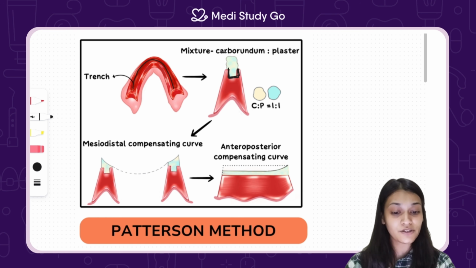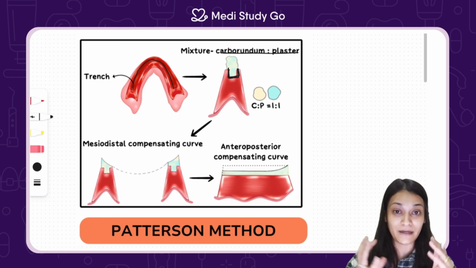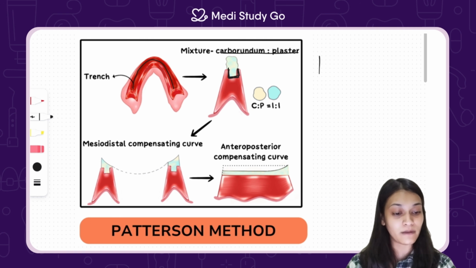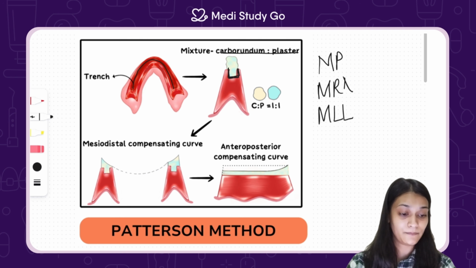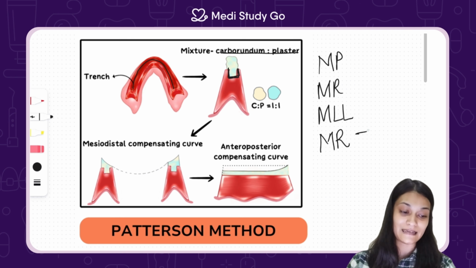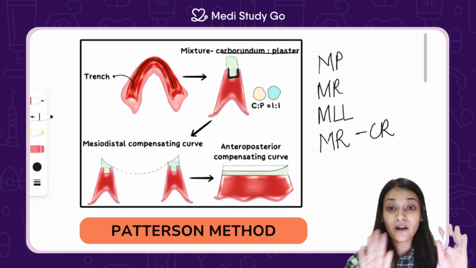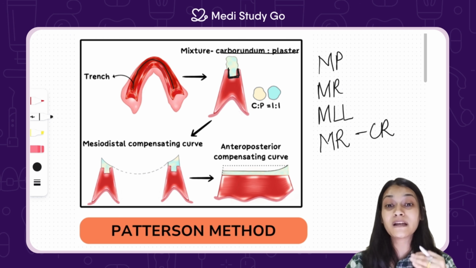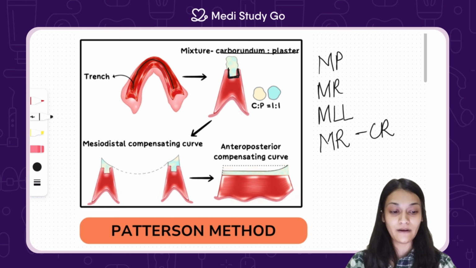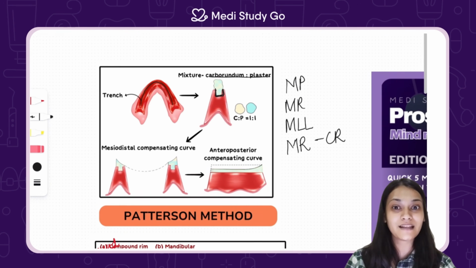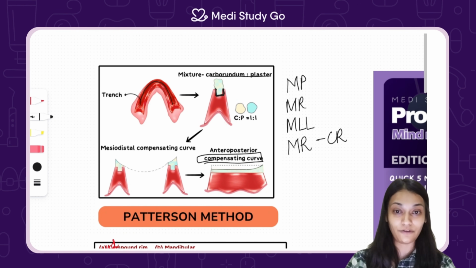Now I use a mixture of equal ratio of carborundum and plaster, mix it together, and I ask the patient to perform all the movements: maximum protrusion, maximum right lateral, maximum left lateral, and at the same time, the maximum retruded or centric relation. Now, because the patient is going to move, there is going to be a curve that will be generated, either an anterior posterior curve or a mediolateral curve, and this curve is nothing but your compensating curve.